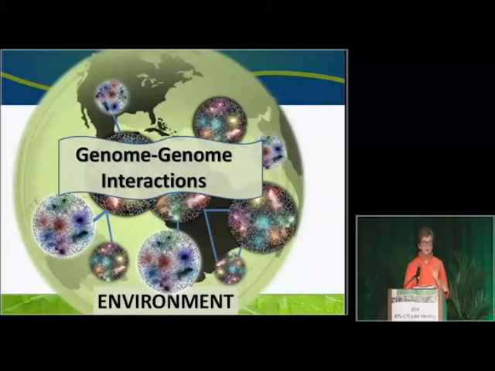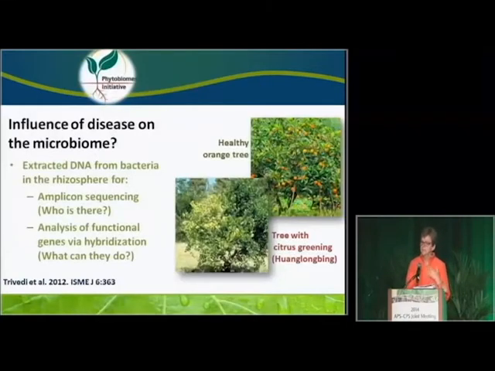So if we now turn to looking at plant microbe interactions in that context, looking at what is the influence of disease on the phytobiome, the structure of those communities around a plant. This is a study by Trivedi et al., where they extracted DNA from bacteria in the rhizosphere, and then they did two types of sequencing.